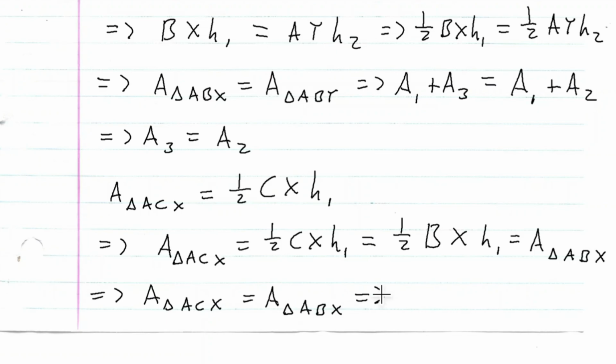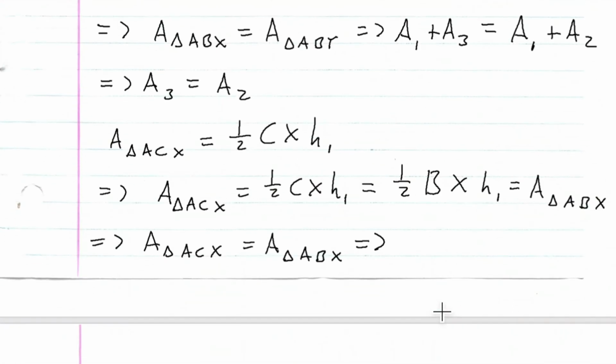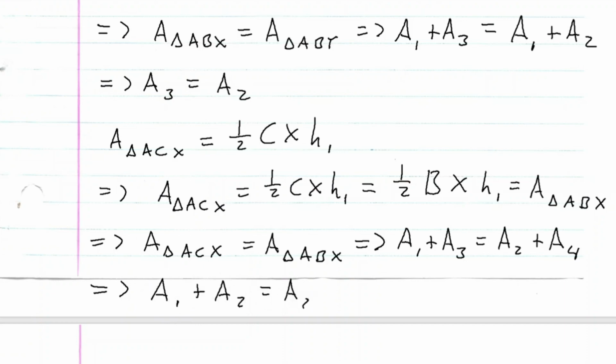Then this implies that A1 plus A3 is equal to A2 plus A4. Earlier we proved that A3 is equal to A2, so I can write this as A1 plus A2 is equal to A2 plus A4.